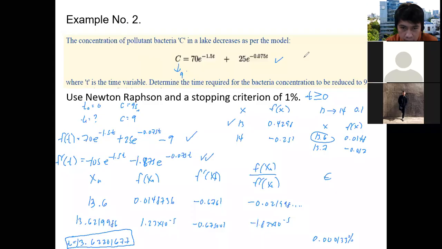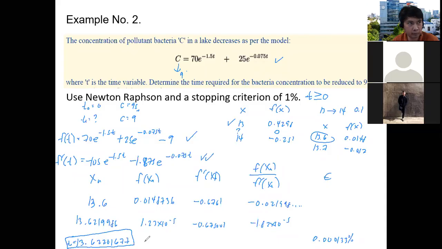Sir, ask ko lang po bakit nag-start ng 13. Kasi, from the table, ang aim natin is to find the value of x such that the value of f of x is 0. So either you can use the 13 or 14 value. Okay? Anyway, magko-converge naman siya to the same value of x, which is 13.62.